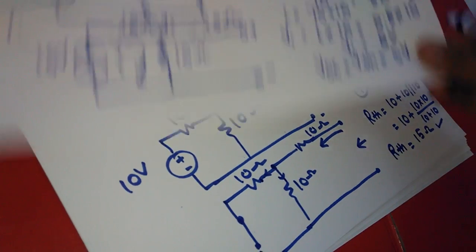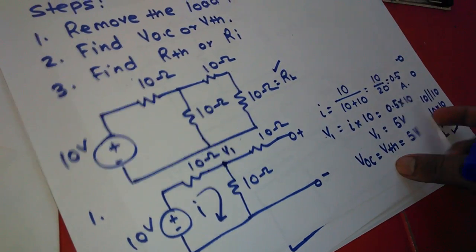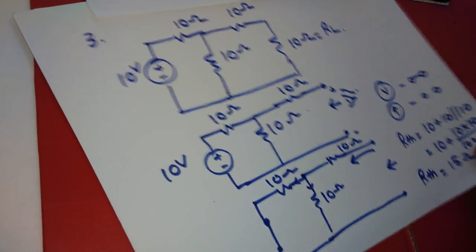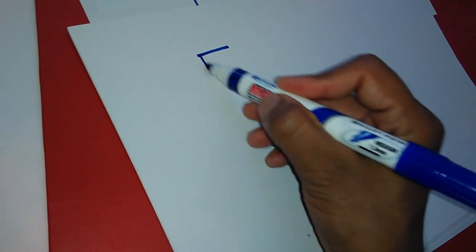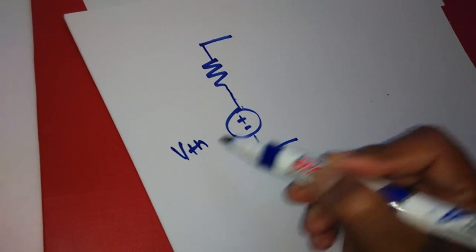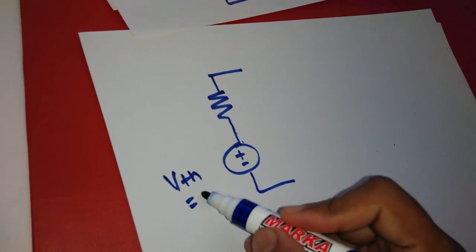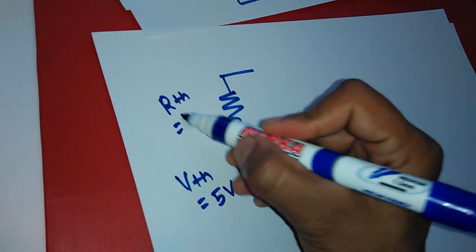So from the first step we found VTH, and in the third step we found RTH. So now we can make a Thevenin model, with a voltage source and a resistance: VTH is equal to 5 volt, and RTH is equal to 15 ohm.